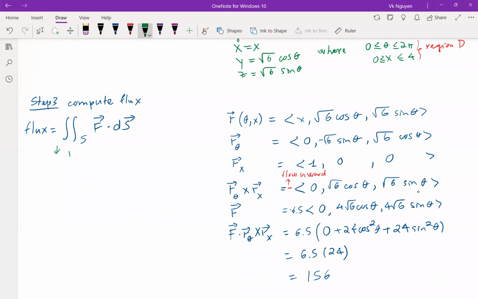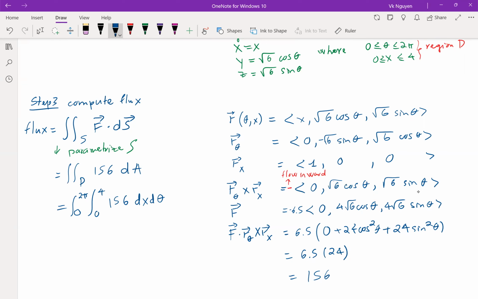Okay, so here, parameterize S, double integral over the region D of 156 dA. And from here, we know the region D is 0 to 2 pi, 0 to 4, 156 dx d theta.